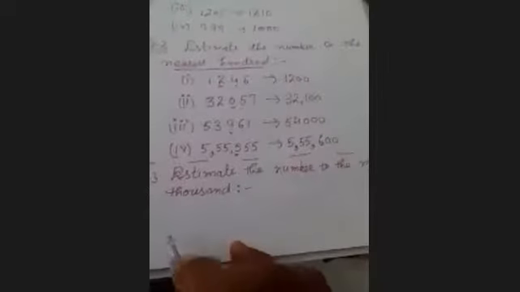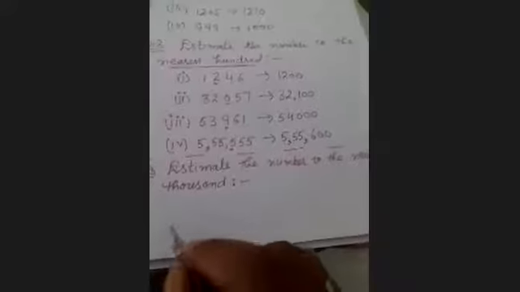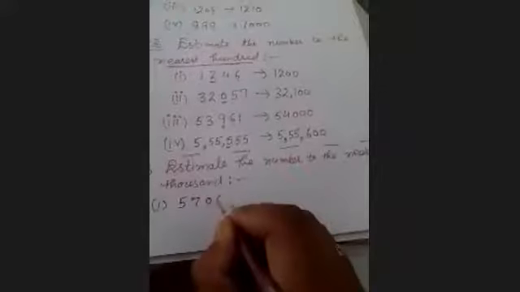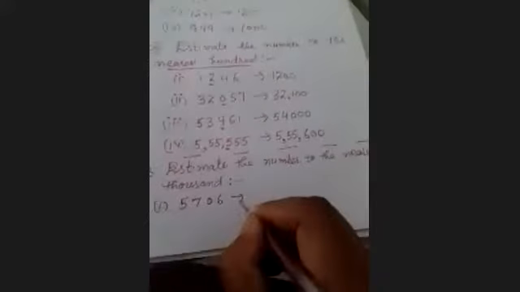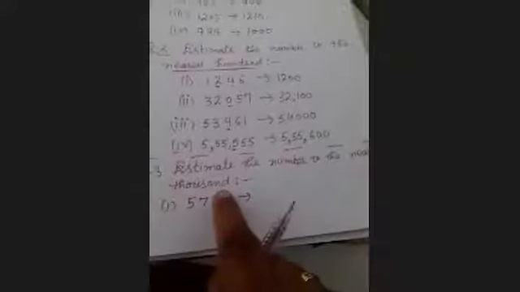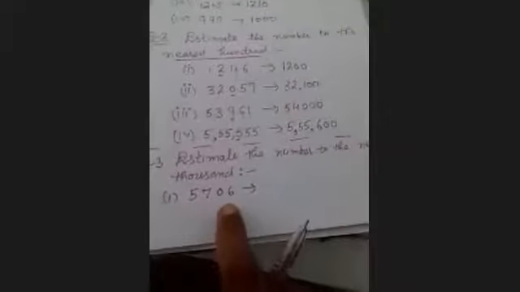First number is 5,706. Now round off the number to the nearest thousand. Put your finger on the thousand place value.